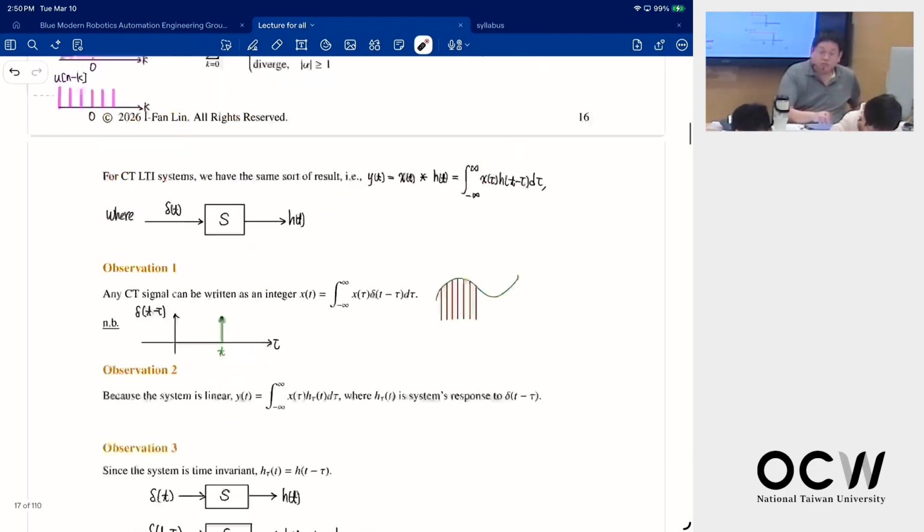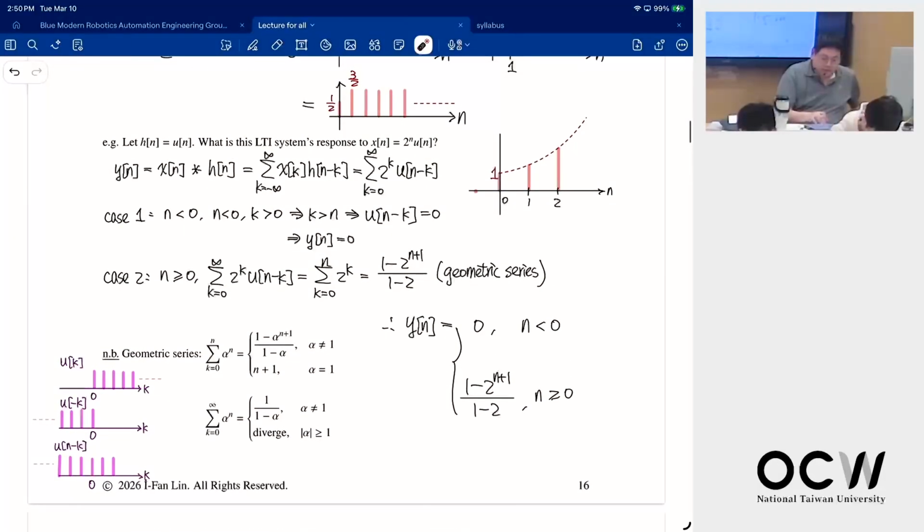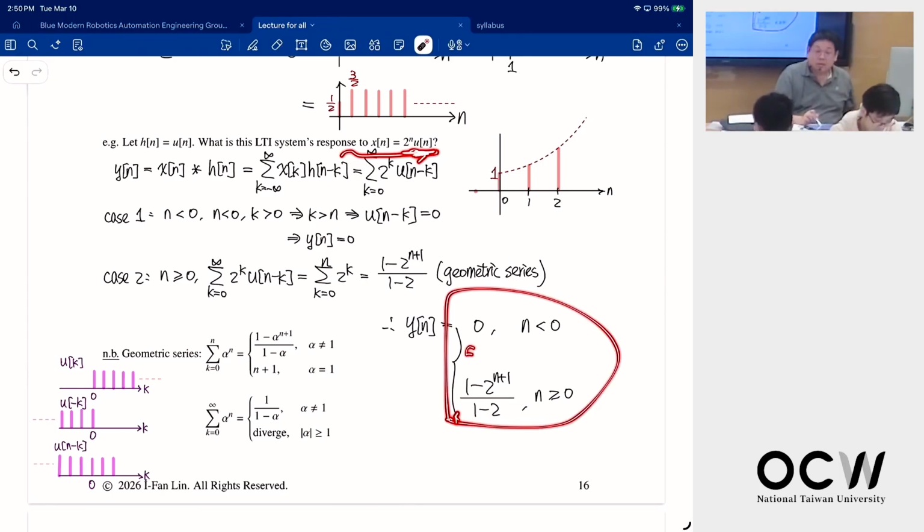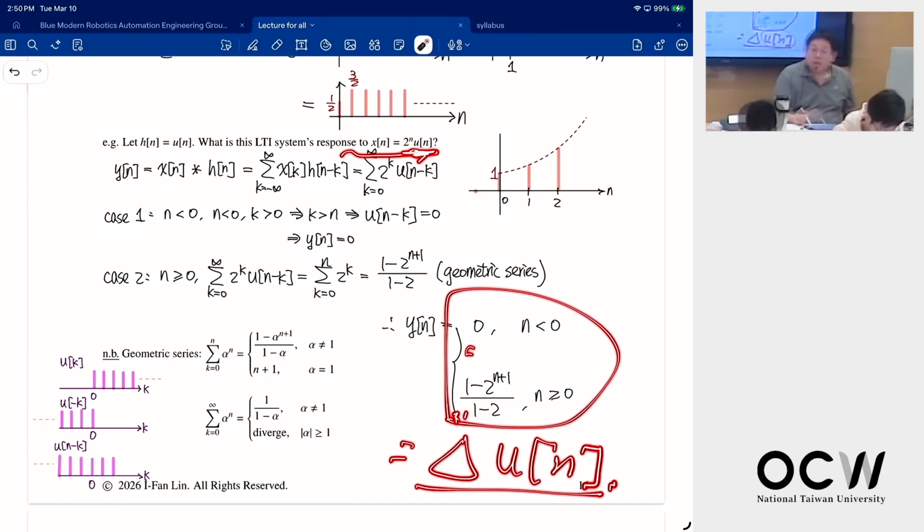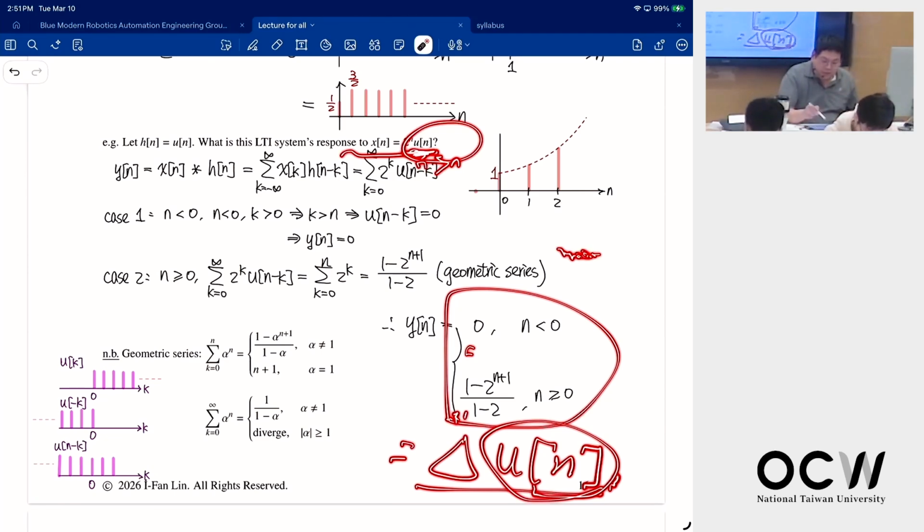Also for the discrete time case, this is my input. And what is my output? I can also write it on this as, okay, for LTI system. Just keep in mind what you observed so far.